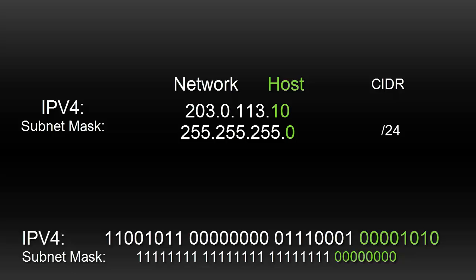But let's go into the broadcast, host, and network. The one thing to keep in mind is the network and broadcast addresses: you cannot use these, because they are what the network uses. The broadcast is a broadcast address. You have to go one up from the network and one down from the broadcast.